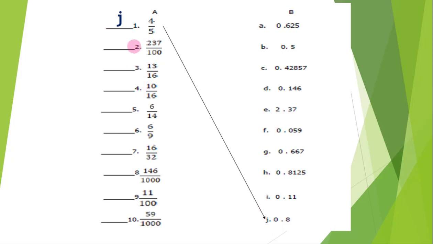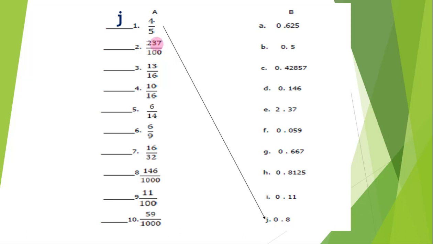For number 2, 237/100. So this is actually dividing it by 100. If you have the calculator, you can do this right away and you can have the answer. So 237 is greater than 100, which is the denominator. This is an improper fraction, so we have a whole number here. And from the end of 7, you can move 2 decimal places going to the left, 1, 2.